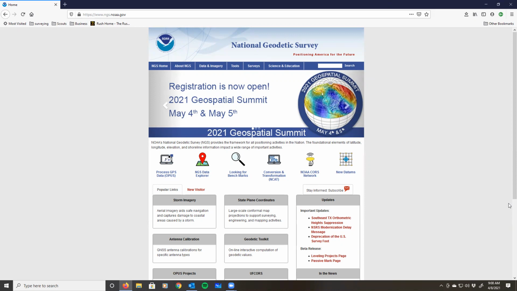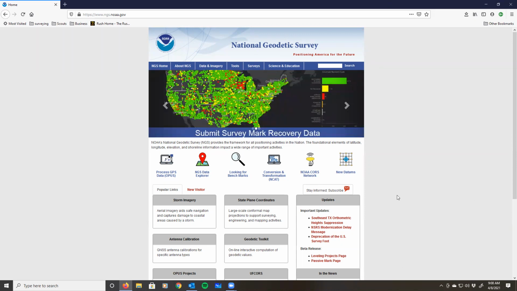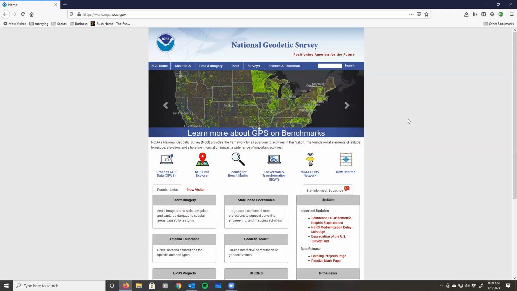NGS is in charge of basically horizontal and vertical control, maintaining the systems, establishing the new geoids when they come out. They're also the ones taking gravity measurements for the creation of new updated geoids.